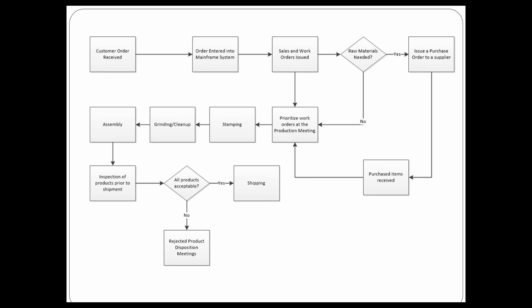Now, if we look at this, again, do we consider that something like customer order received is a standalone process on its own? Or something like purchased items received, is that a standalone process on its own? Does this organization truly have 12 processes that transform inputs into outputs? Or is there something more going on here?